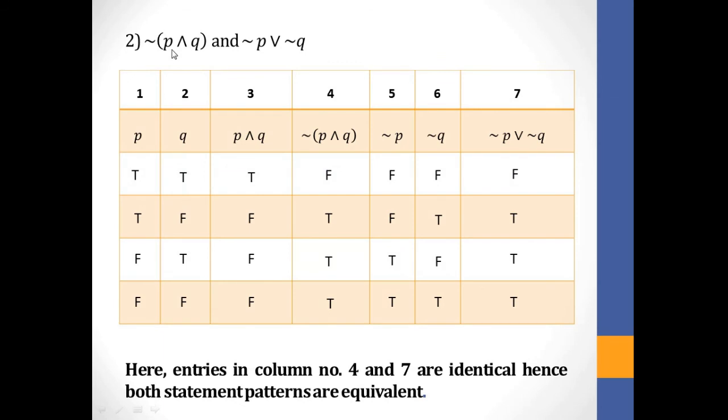So this is also a very important logical equivalence, that negation of P and Q is equal to negation P or negation Q. Okay, so this is a very important logical equivalence.